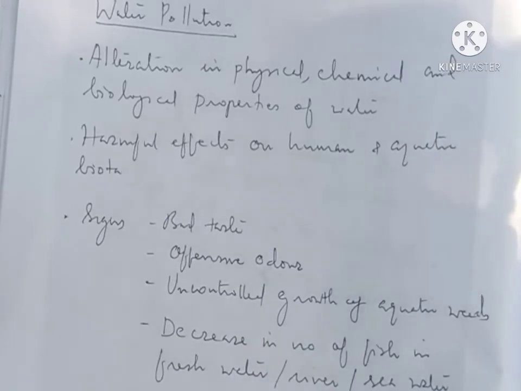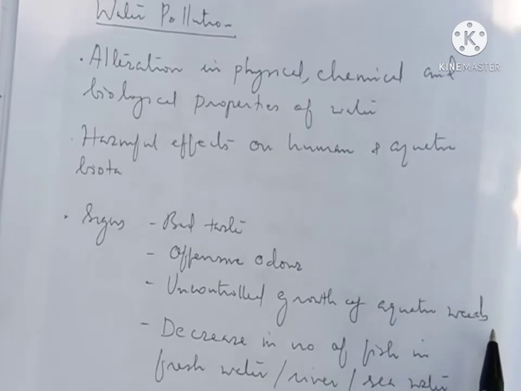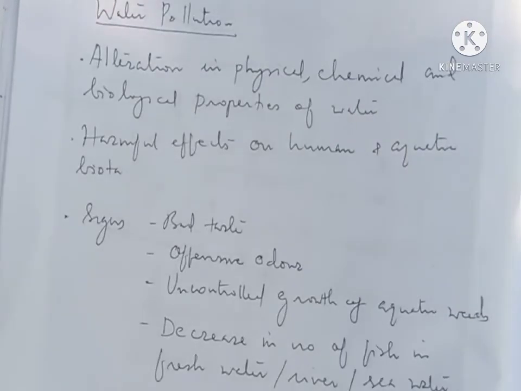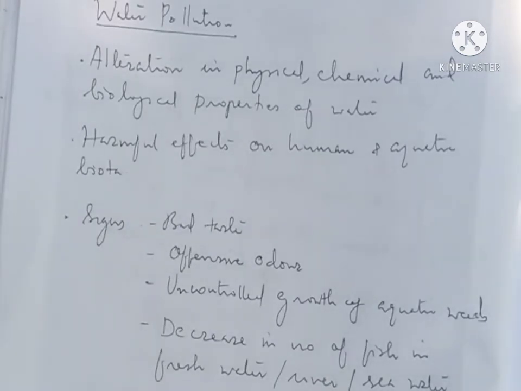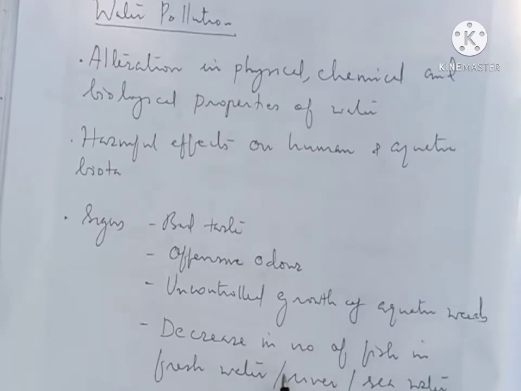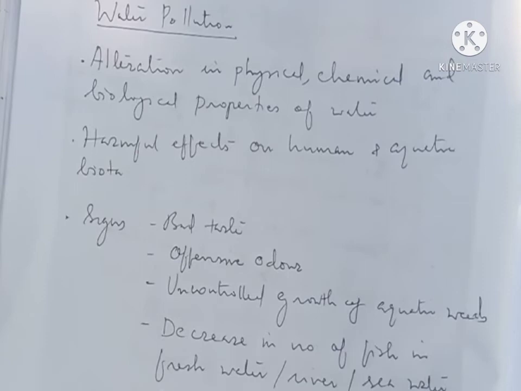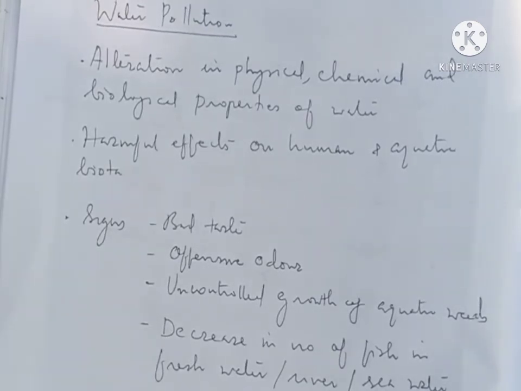And if we talk about water bodies, uncontrolled growth of aquatic weeds and plants is a sign of water pollution. If the water in the water bodies is polluted, then the number of fish and the aquatic animals will decrease. So, a decrease in the number of fish in freshwater, river, and seawater, etc., indicates pollution.